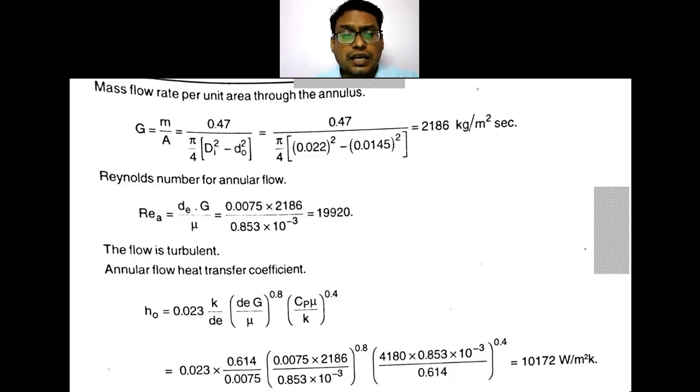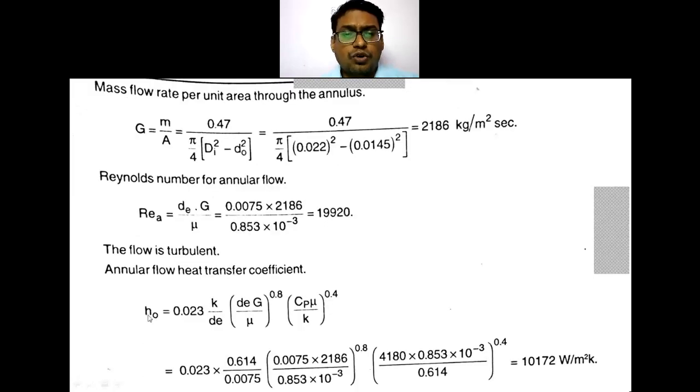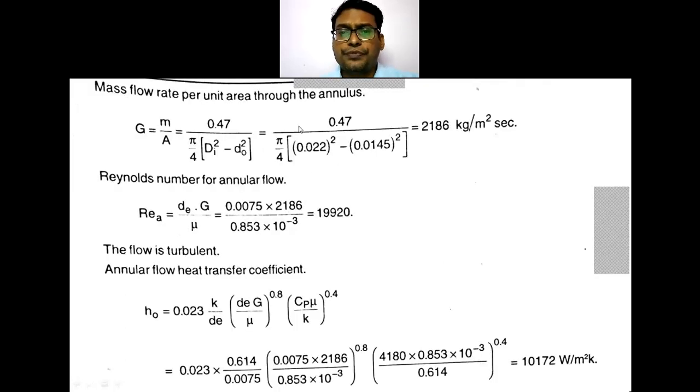The same equation that is used is your Dittus-Boelter equation, which is 0.023 into Re raised to 0.8 into Pr raised to 0.33. Here also h d upon K, Nusselt number, 0.023 Re to 0.8 Pr to 0.4. In one case the fluid is getting heated, here the fluid is getting cooled. So 0.33 and 0.4 appear, Pr raised to the n, the basic formula.